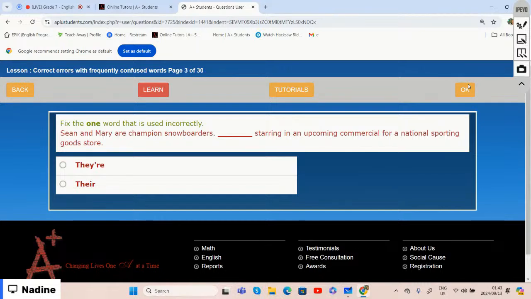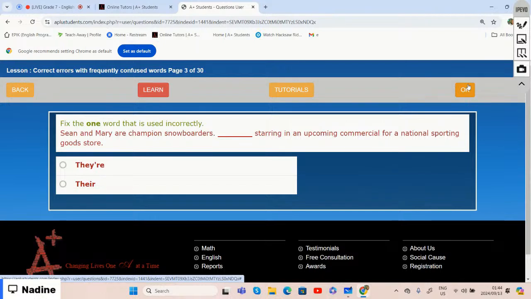The first option, they're, means they are. It's a contraction, they are. And the second one is their, which refers to either their goods, their bag, right? It's like possessive. So which one is correct?